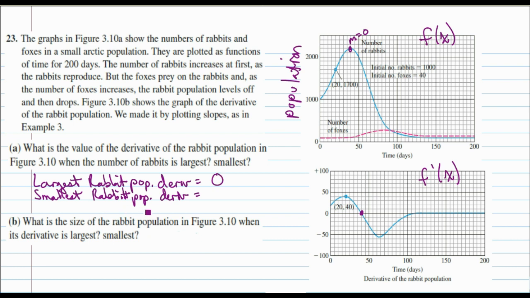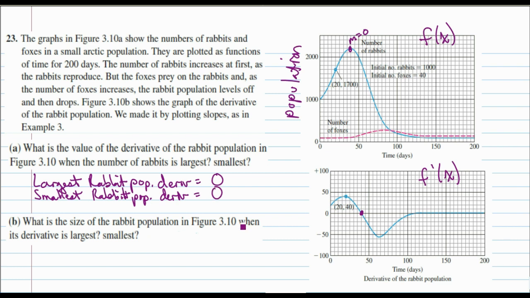The smallest rabbit population, that's down here, its derivative, between, let's say, 150 days and on, is also 0. Now the rabbit population isn't 0, but its slope is 0. The rabbit population is actually about 100, but its slope is 0.